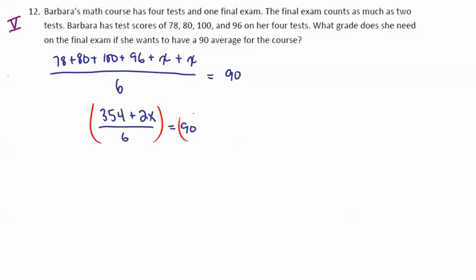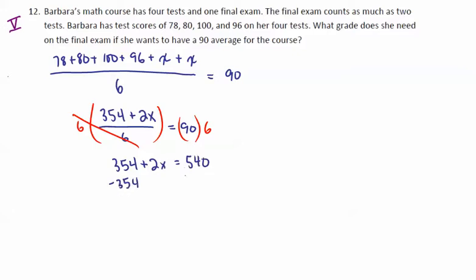Here we would multiply both sides by 6 to get rid of the denominator. That's the purpose of that. And we would end up with 354 plus 2x is equal to 540.